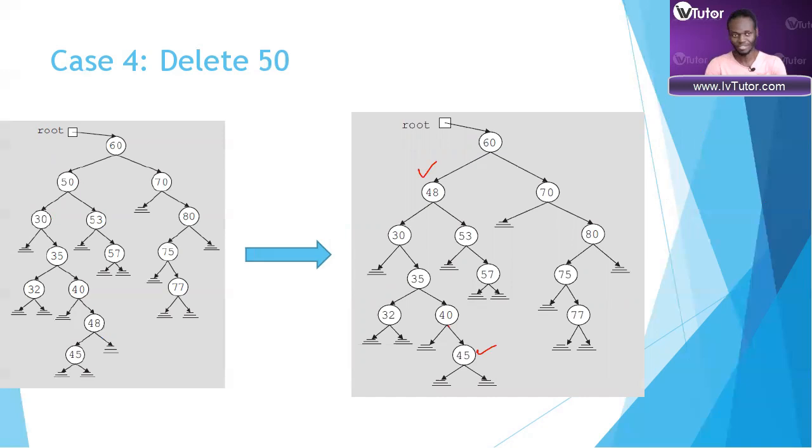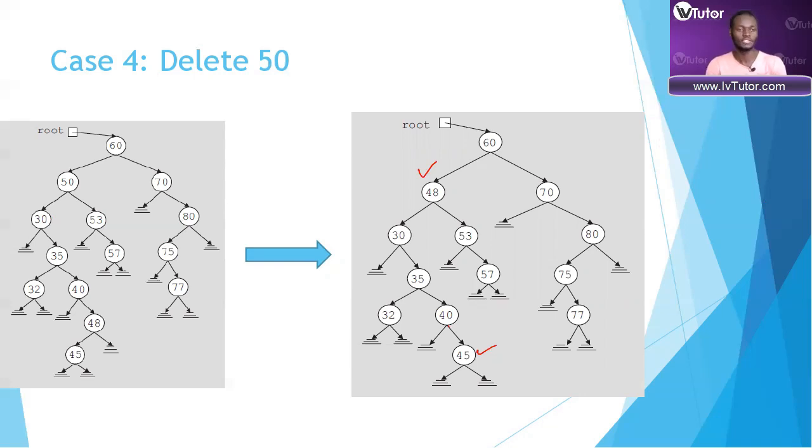So this requires a bit of practice. Cases 1, 2, and 3 are very easy. Case 4 is where you need to be careful if you need to reduce your node to case 2 or case 3. So if we go with case 3, for instance, go left, find the rightmost node, or if you want to go to case 2, go right, find the leftmost node, swap, and then apply case 2.